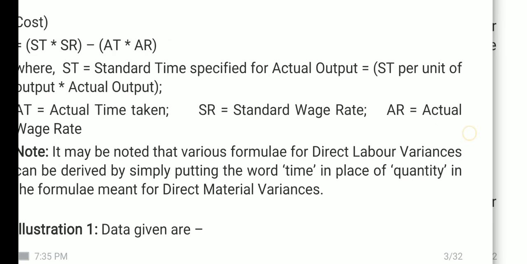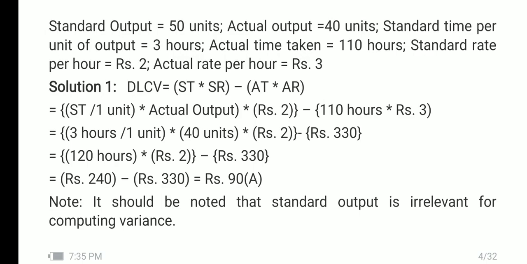Data given are: standard output 50 units, actual output 40 units, standard time per unit of output 3 hours, actual time taken 110 hours, standard rate per hour rupees 2, actual rate per hour rupees 3.